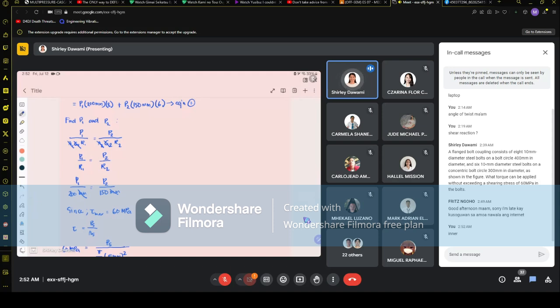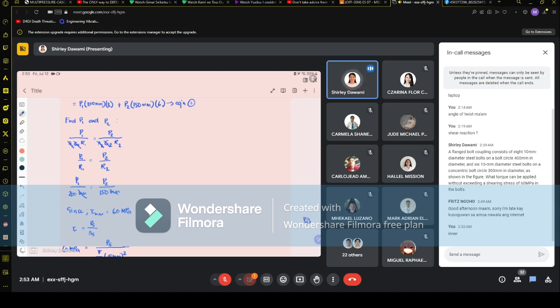The bolts on the outside are the first to receive and resist the torque. Therefore the maximum shearing force is on the outer bolt circle.